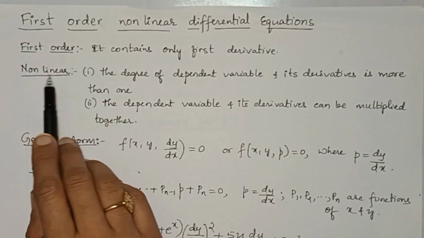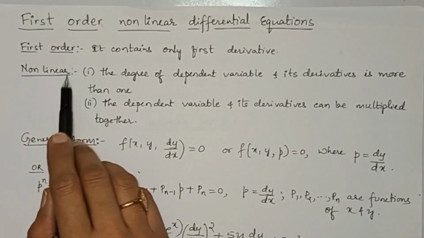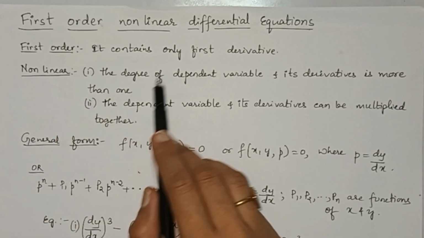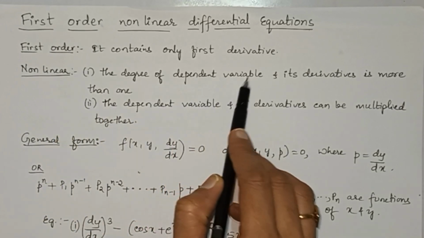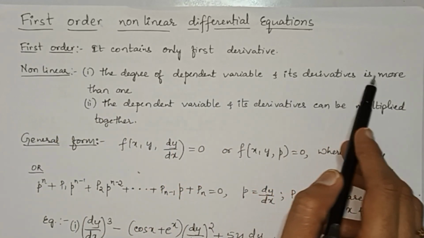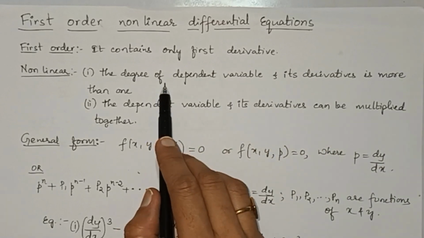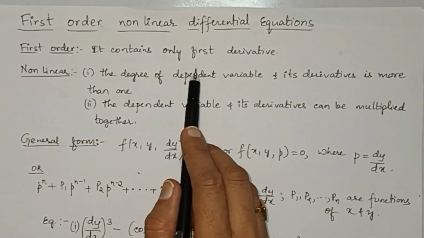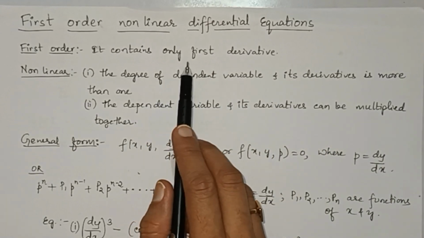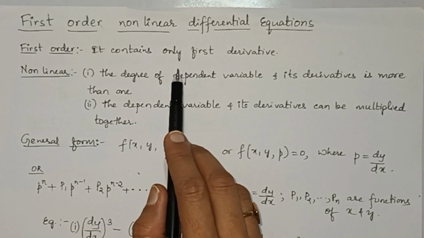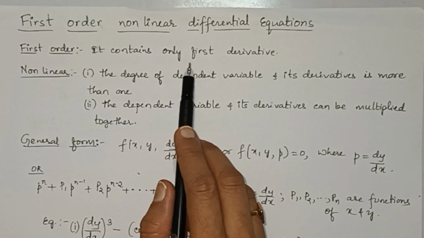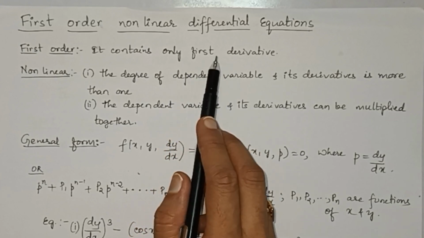What is a nonlinear differential equation? Nonlinear means the degree of the dependent variable and its derivatives is more than 1. Linear means y as well as dy by dx or its derivatives must have degree equal to 1, then it is called linear.